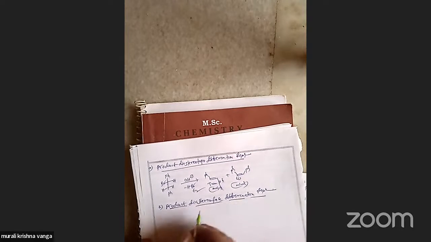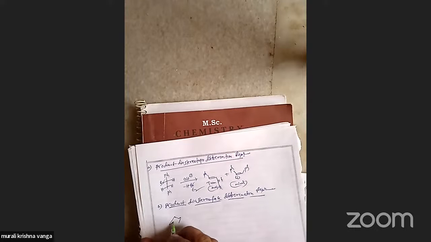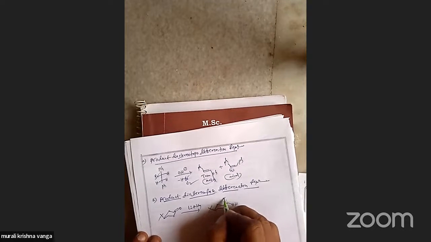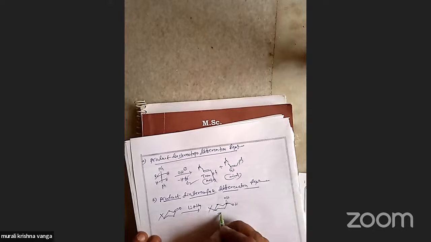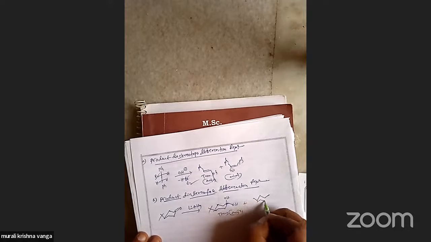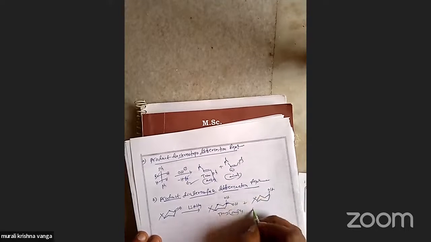So here, when reacting with lithium aluminum hydride, it gives trans as the major and this will give the minor. So this is the product diastereophase differentiation reaction.